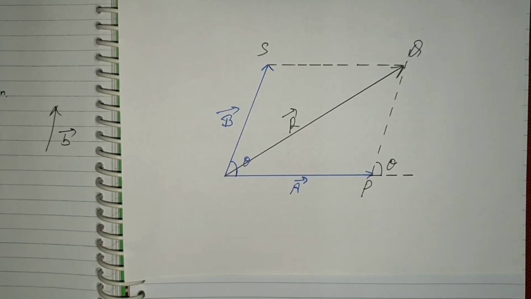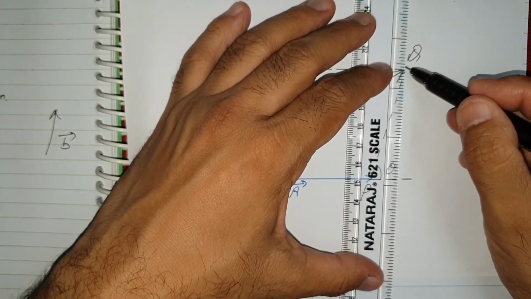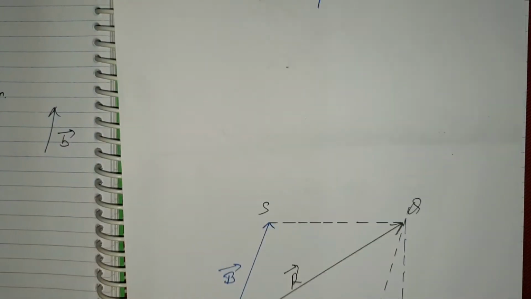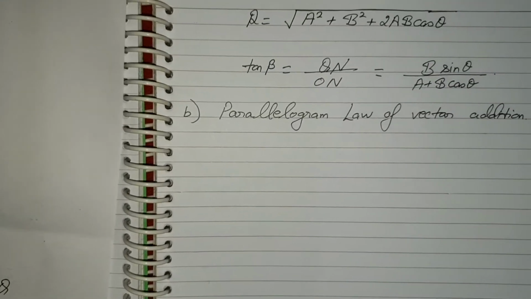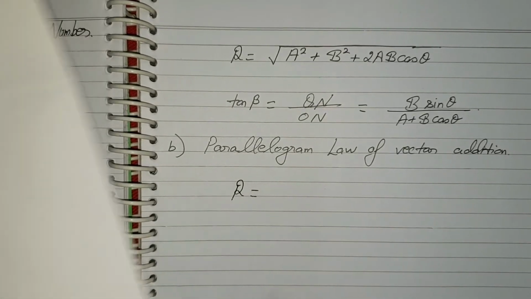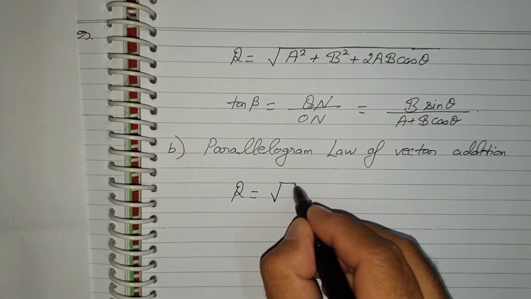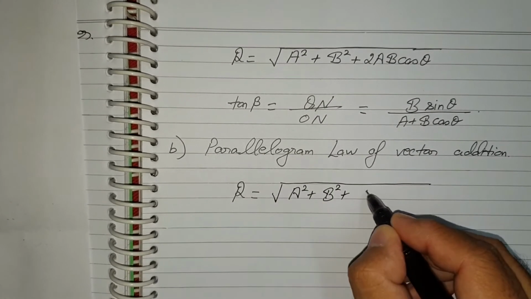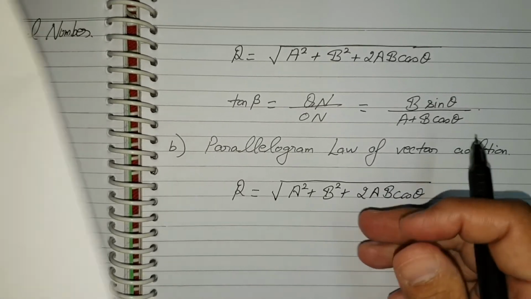Now same thing. If we complete this, we will get the same thing as the previous one. This is N, so the same theory will apply as we have done in the triangle law of vector addition. The resultant R is given by under root of A square plus B square plus 2AB cos theta, where theta is the angle between the two vectors.